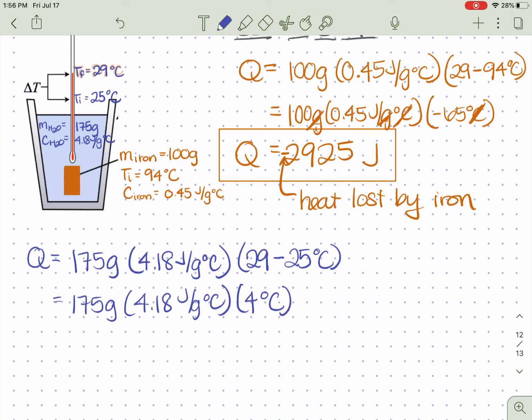And if I plug that into my calculator, 175 times 4.18 times 4 is 29.26, which is about the same as what we got here.